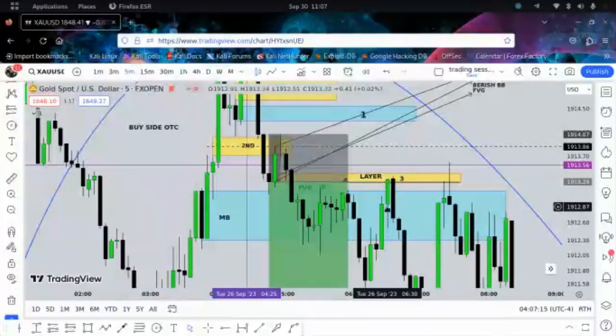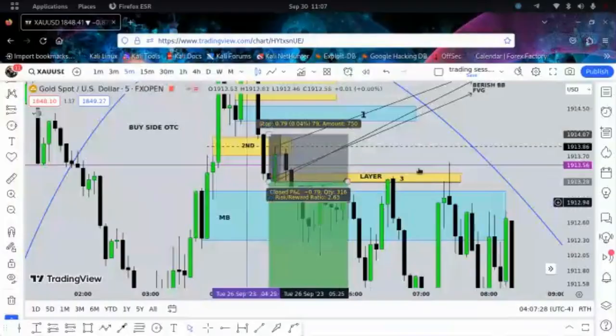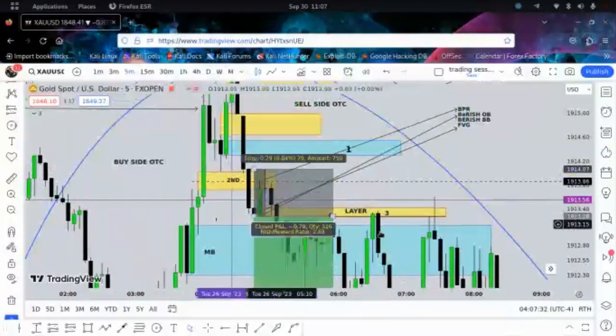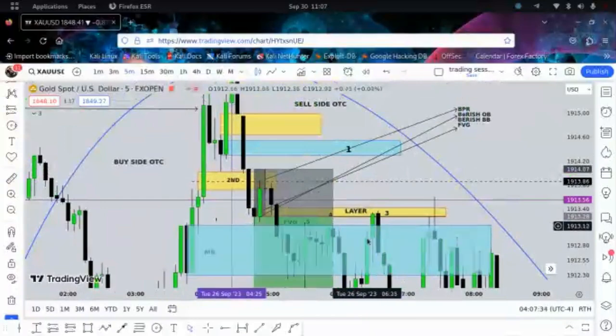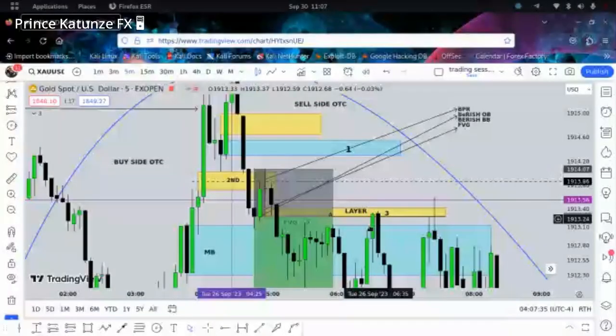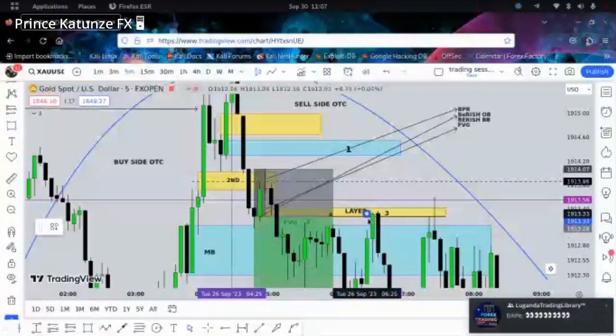You have another PD array. You have this sub-bearish order block. So you label it that we have a bearish order block within a mitigation block. Let me put it in a box so that you see it.